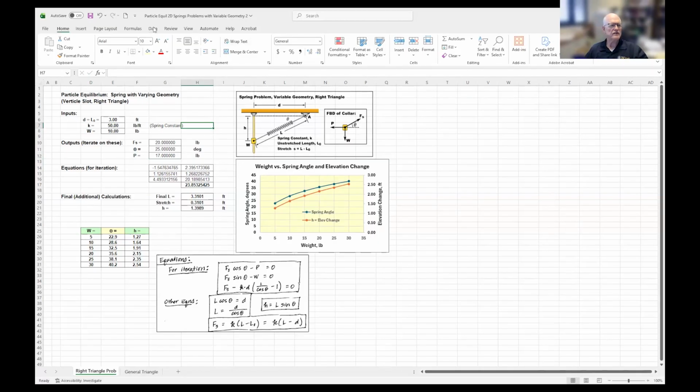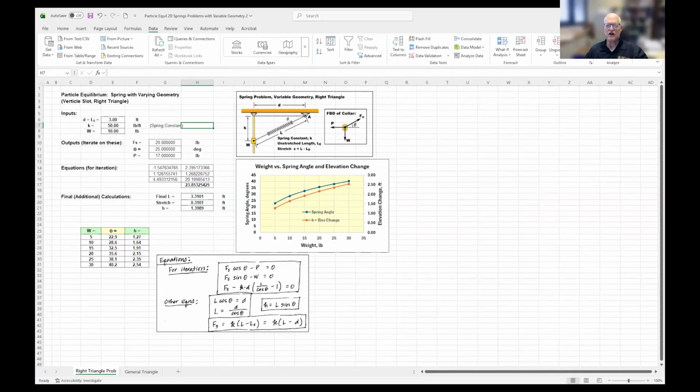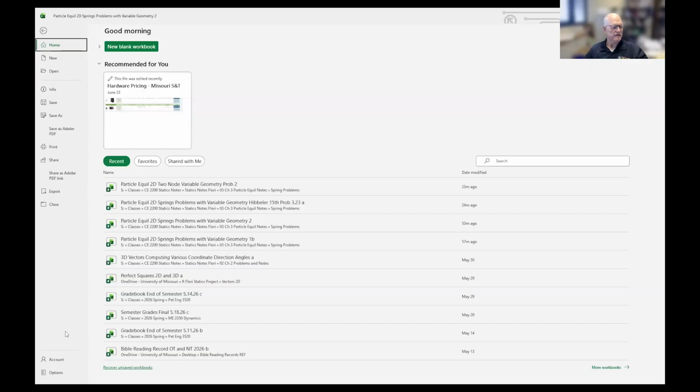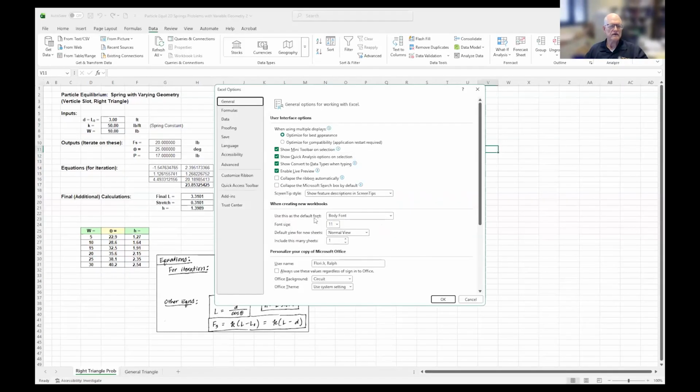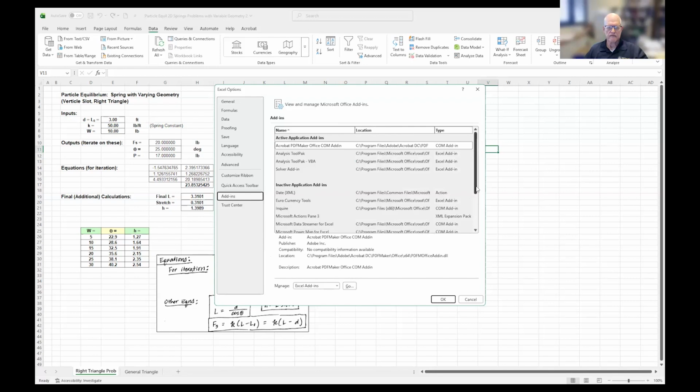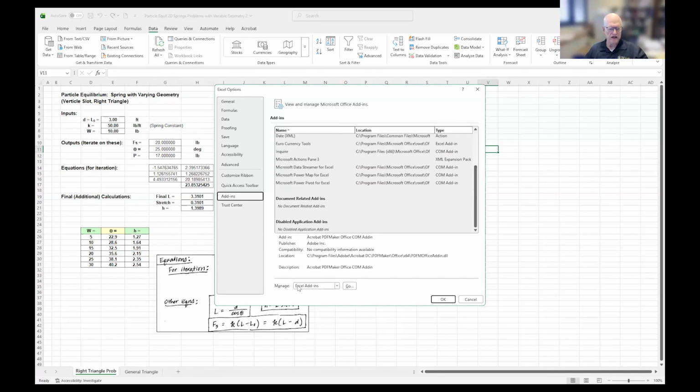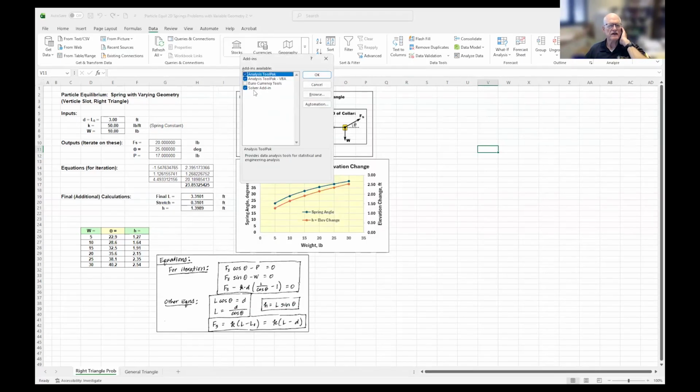And we're going to go to Data, Solver. And if you don't have Solver on your computer, what you do is you go to File, Options, Add-ins, and you come down to Excel add-ins, and we're going to go Excel add-ins, go, and you should have Solver checked.